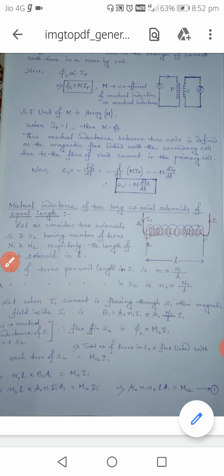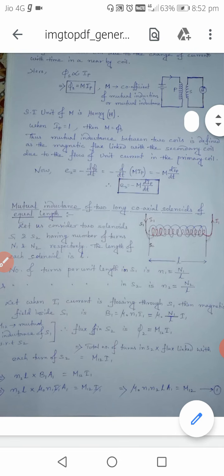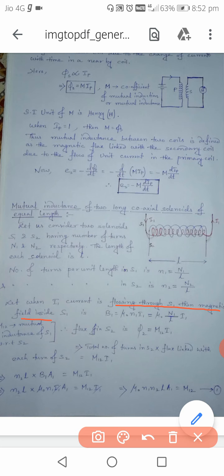Now one by one we are considering. Let I1 be the current flowing through S1. Then the magnetic field inside S1, the red coil, the inside one, when I1 current is flowing through it, is B1.